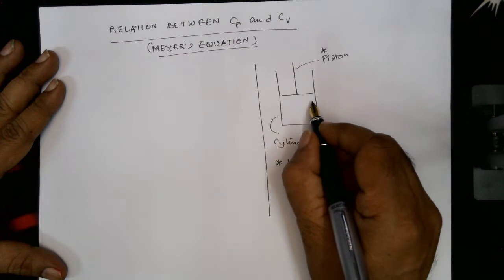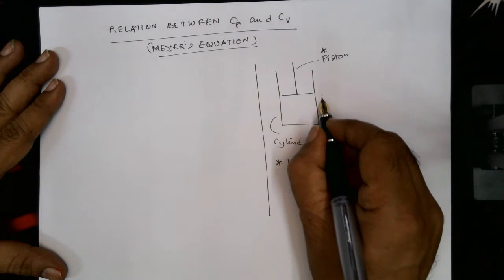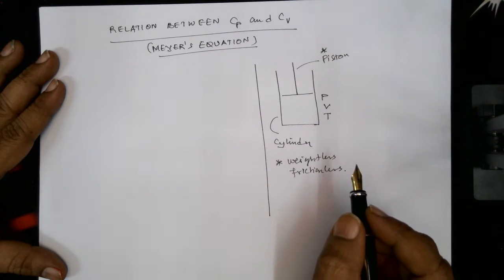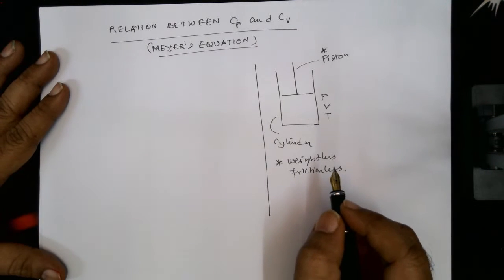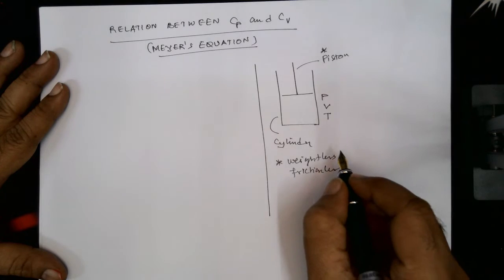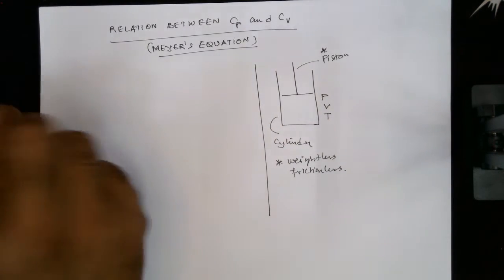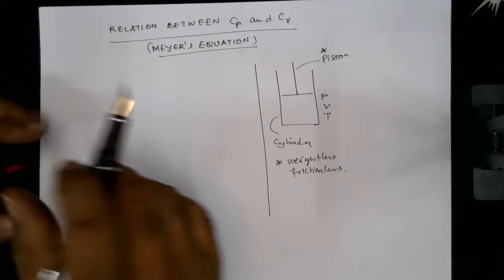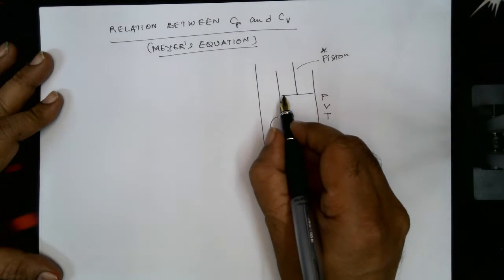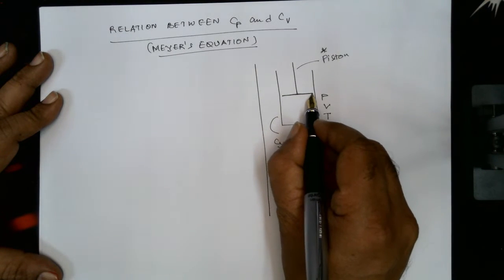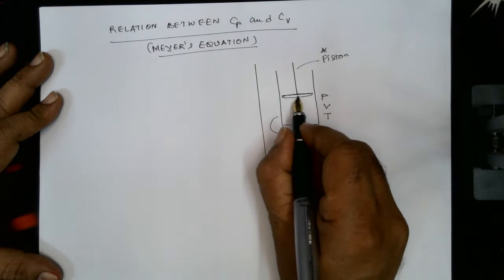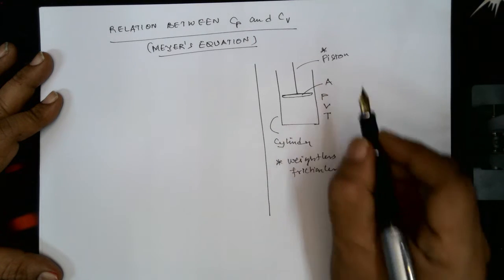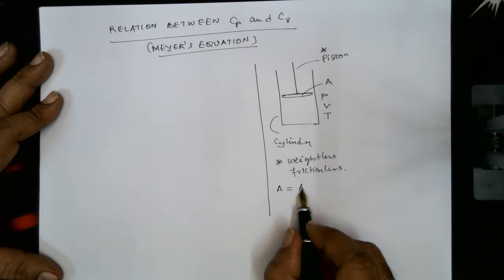Now its pressure is P, volume is V, and you have got the temperature T. The area of cross section of the piston, you can call it the area of the piston, as A. So A is equal to the area of the piston.